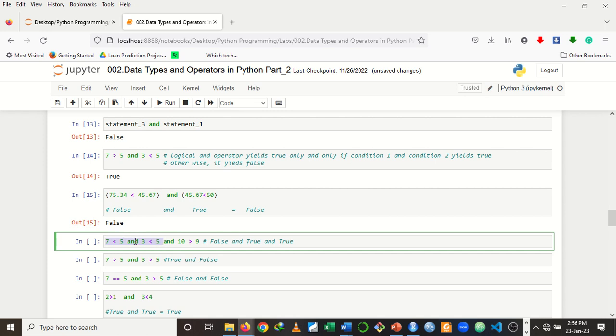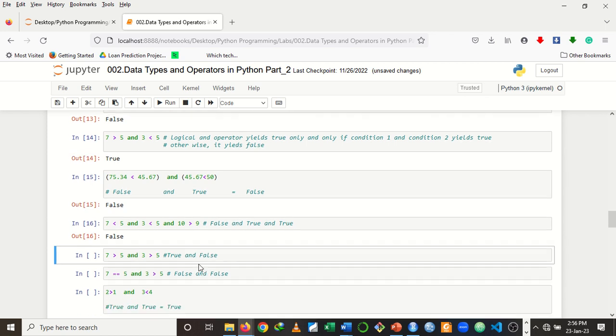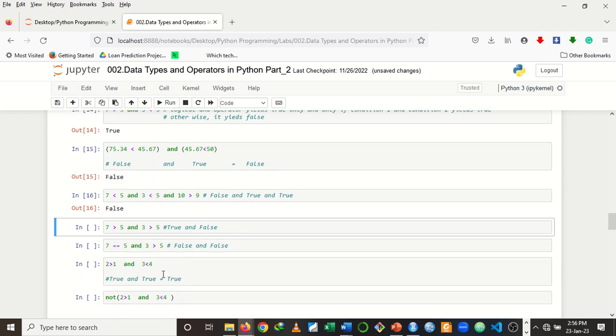Then it takes this result and compares it with this particular expression here, because 10 is definitely greater than 9, so this is true and the whole of this is false, so the total outcome is going to be what? False. Okay, so that's how Python works. You can try more examples as you see below.